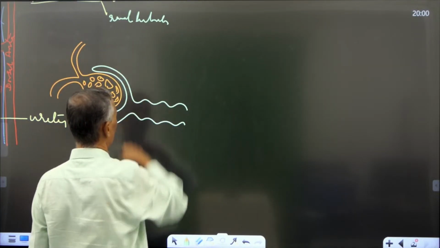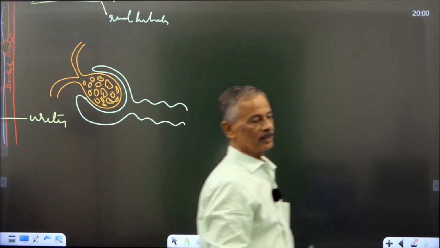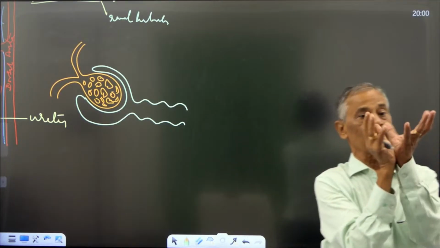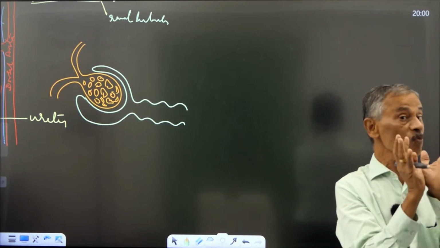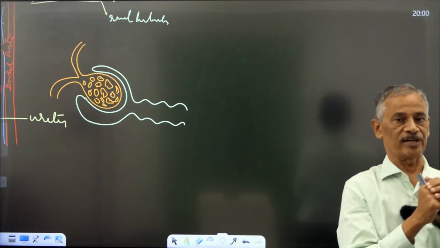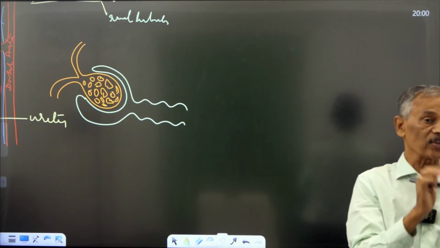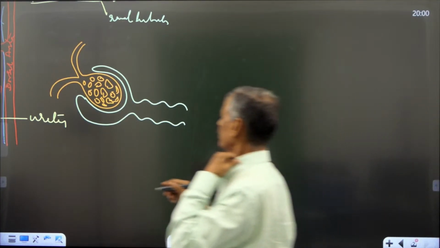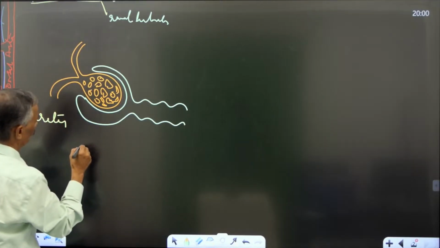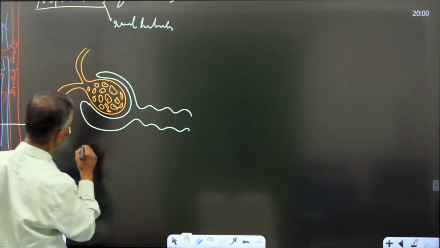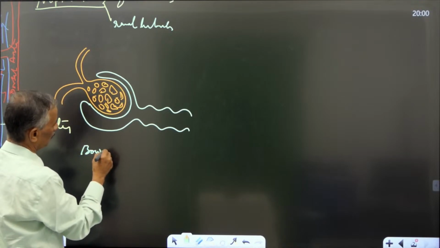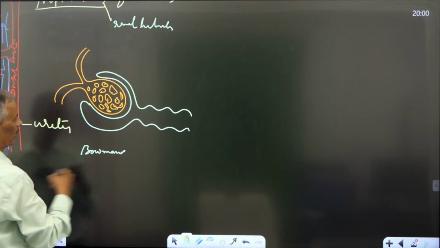The first part is the cup-like part, a double-walled cup-like structure in the form of a capsule. So it's called Bowman's capsule.